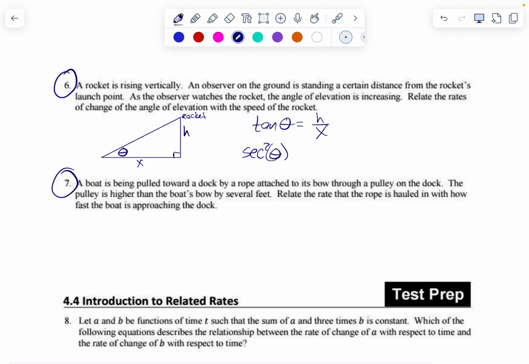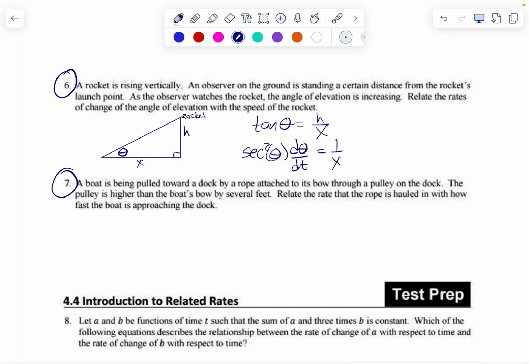Times the derivative of theta with respect to time, right? So d theta dt.